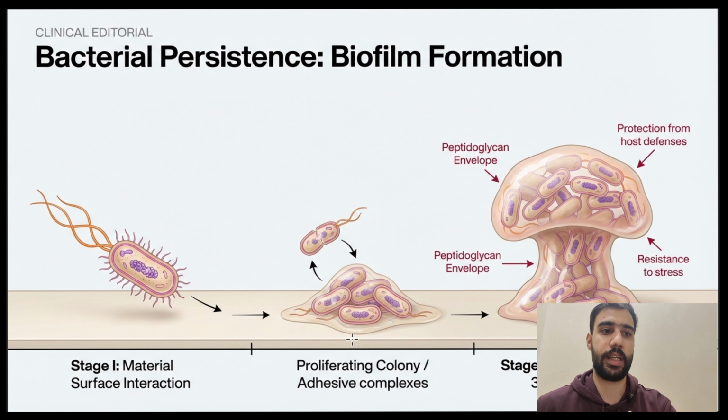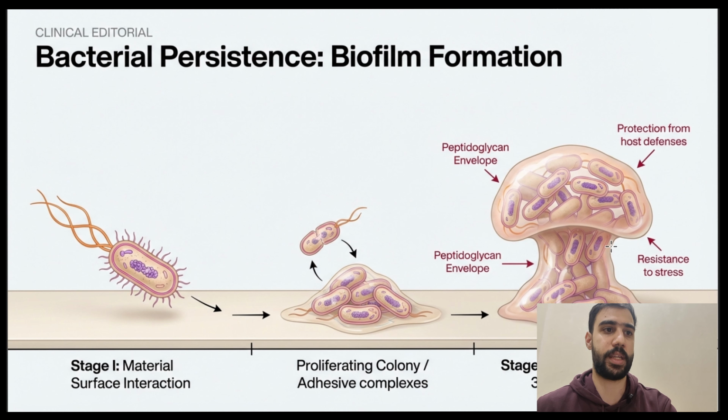This film is made by peptidoglycans, and it envelops the bacteria. This will protect it from human cells and from antibiotics. This 3D community will give us a physical barrier that doesn't allow antibiotics or immunity to get there. We have specific antibiotics that can pass through biofilms, but this should be taken into consideration when we are dealing with biofilm secreting bacteria.